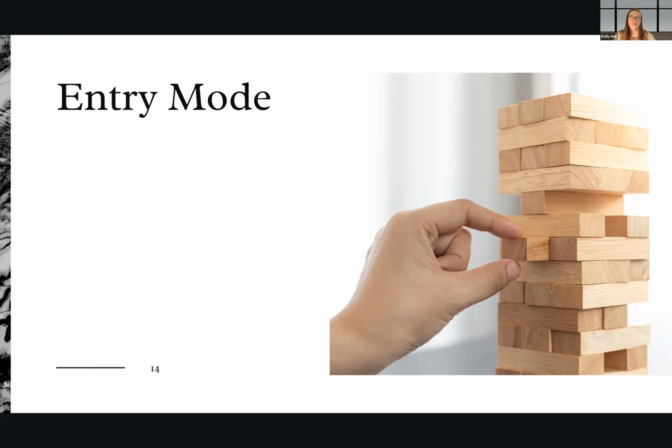You can just really clarify if you want to go more the lower cost, less control, such as exports, or higher cost, more control, like a wholly owned subsidiary, or you can meet someone in the middle, have a partner company in that country with a joint venture, et cetera. And again, this is an important point to hit on, because this is where the company is going to be thinking, okay, this is a really good ad, but how am I going to implement it?